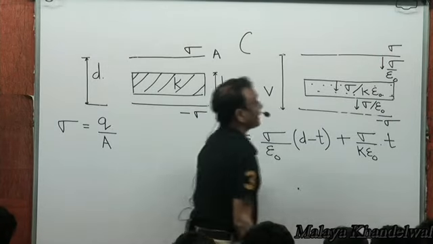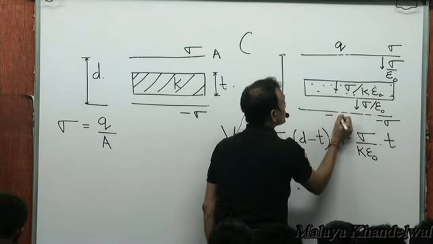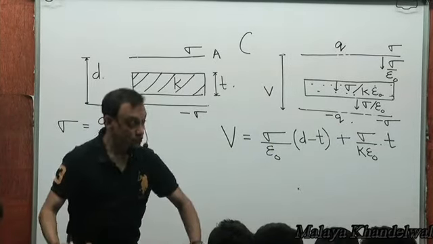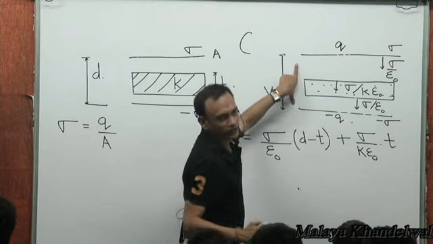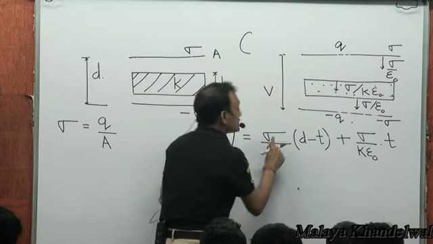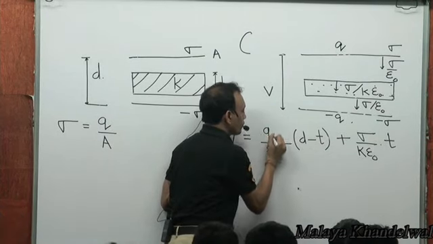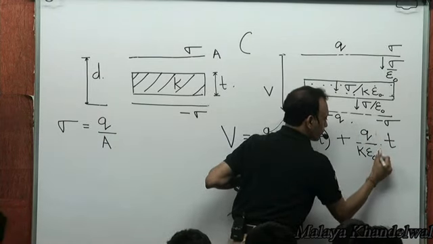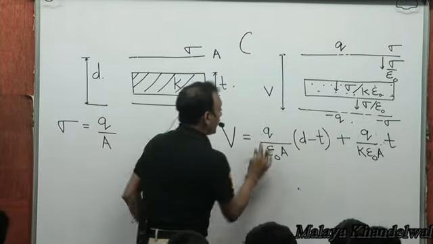Now, by definition, if Q is the charge here and minus Q is the charge here, then Q by V would be the capacitance of this arrangement: the charge on the two plates divided by the potential difference between them. Now this sigma I can write as Q by A, and I can bring this Q here.